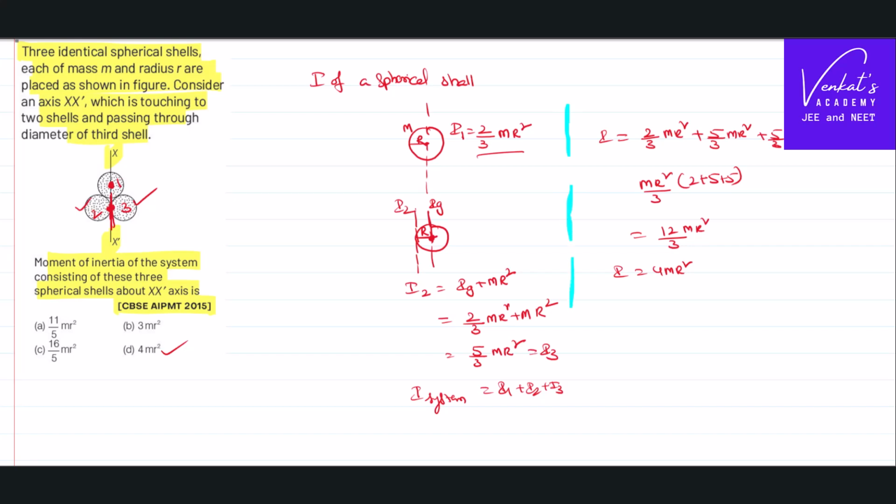So the most important thing while solving this problem is that I should know the moment of inertia of a spherical shell about an axis passing through the center perpendicular to the plane as 2 by 3 mr square.